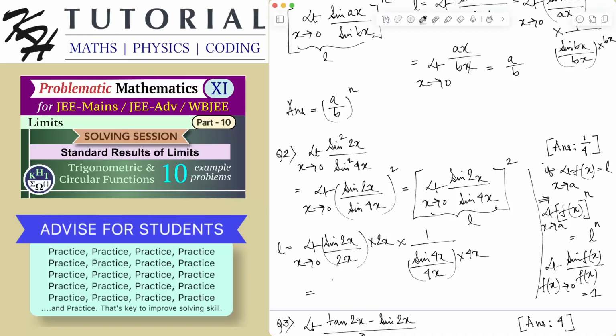So now this becomes the limit x tending to 0 of 2x by 4x, which becomes half. So L is equal to half. Then the limit becomes equal to L square. L is half, so half square, which is 1 by 4.